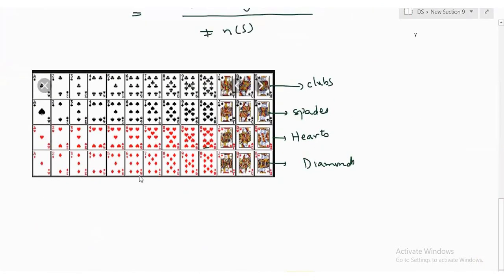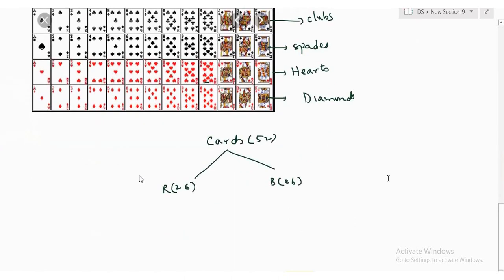So these are the diamonds. How many red total cards? How many cards are there? 52 cards. In that, how many reds? 26. How many black? Again 26. Hearts are 13.